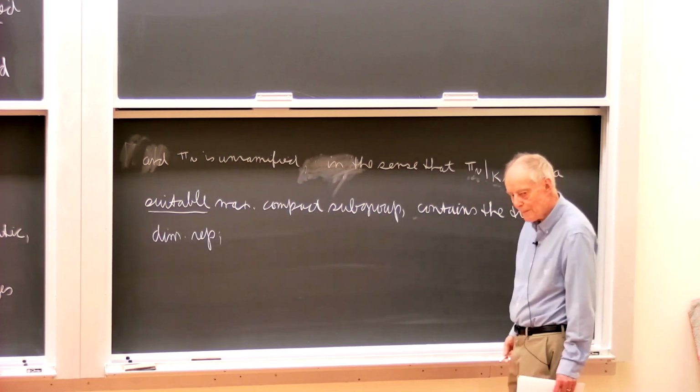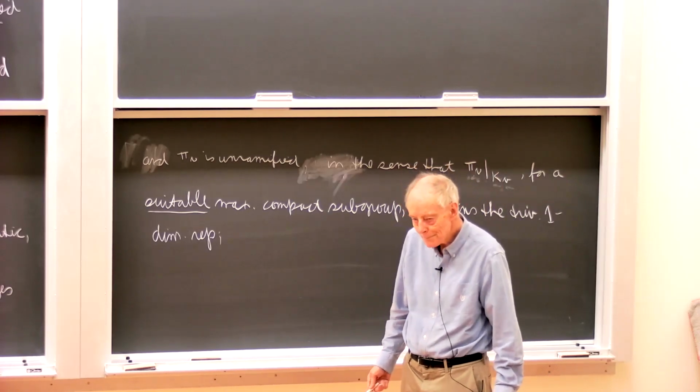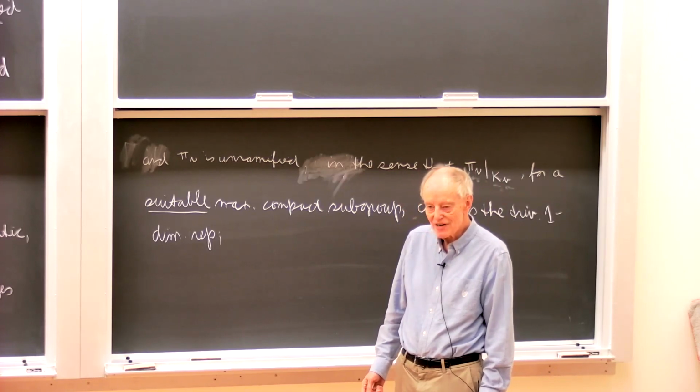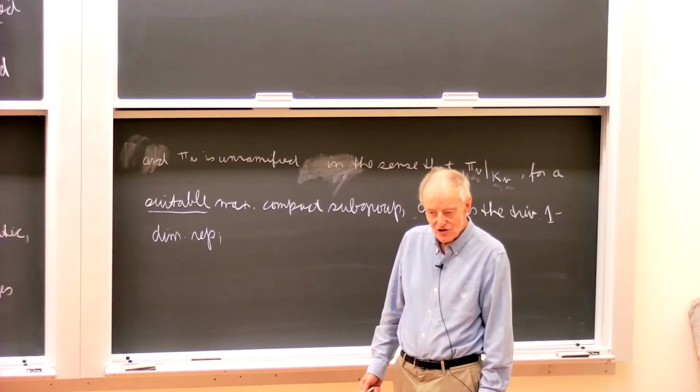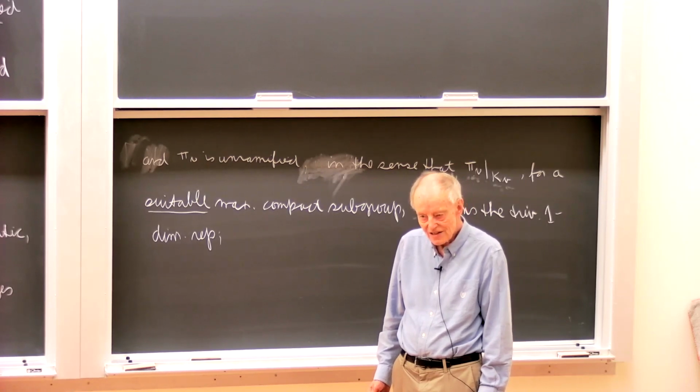So in the old case, the suitable one was G of Z. Well, I was talking about GLN, and so I just took G of ZP.